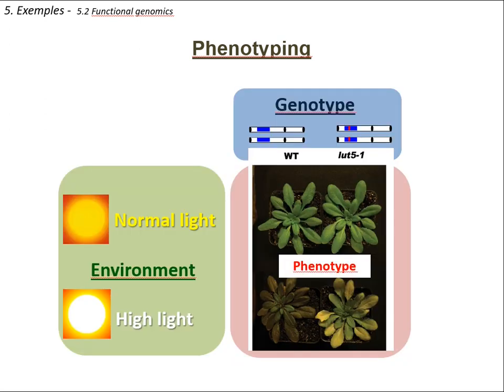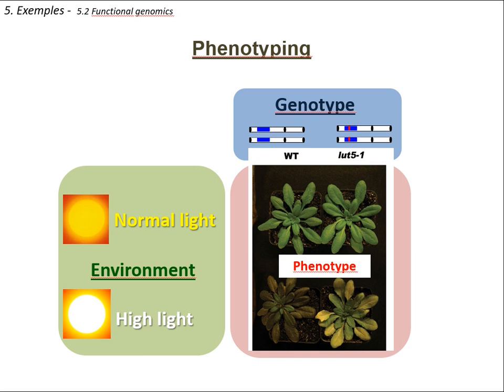To be convinced of that, you have here a small experiment. You have two genotypes, a wild type of Arabidopsis and one that has a homozygous mutation on one gene, LUT5.1. So it's a knockout. It cannot express this protein. And you see that under normal growth conditions with normal light intensity, you see basically no difference between the two genotypes.